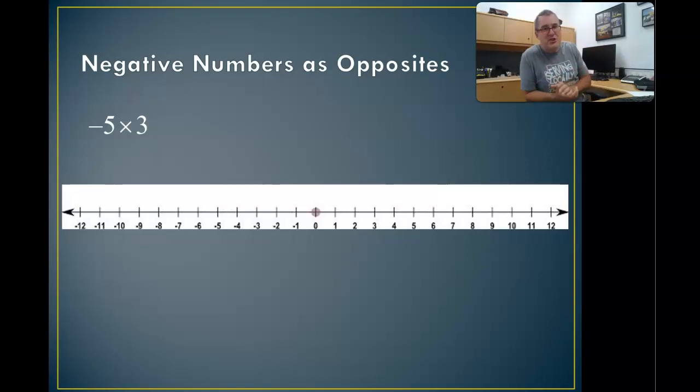Remember the conceptual challenges historically that we had is it's really hard to come up with a physical representation of a negative quantity. So rather than thinking of it as some weird thing, think of it as opposite. The opposite of. Opposite in this sense. +5 is to the right of 0 on the number line. -5 is to the left of 0 on the number line.